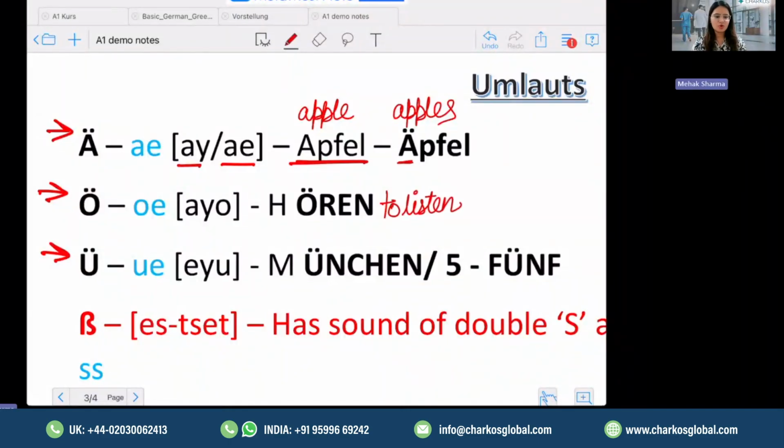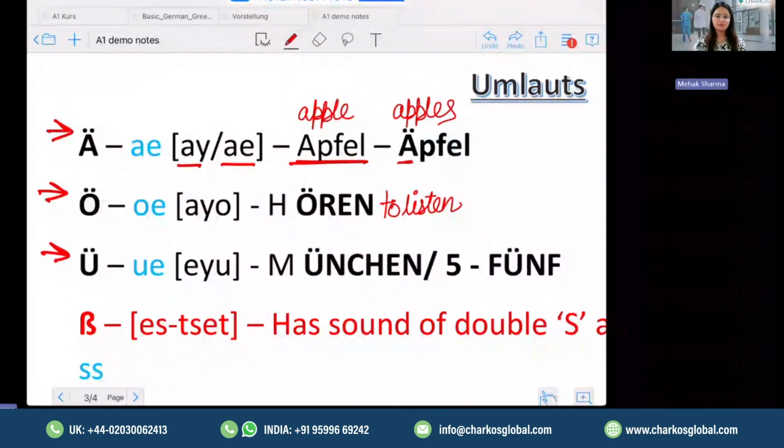It's basically a German verb. If you just forget about this umlaut for a second, then you will pronounce it as Horen. But we do have umlauts here, so it's hören.